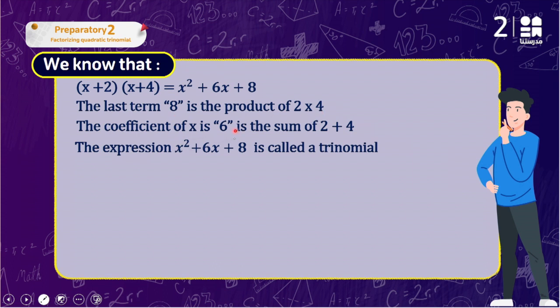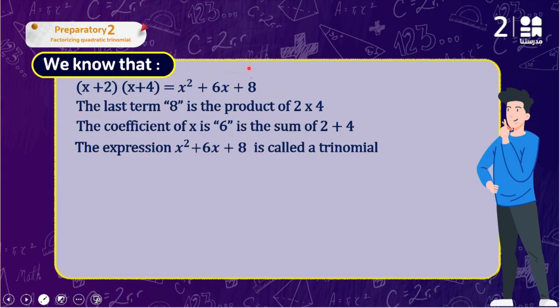Factors of 8. Coefficient of x is 6. Coefficient means النمبر اللي هو جنب الاكس على طول is 6 and the sum of 6 is 2 plus 4, so the expression x squared plus 6x plus 8 is called a trinomial.